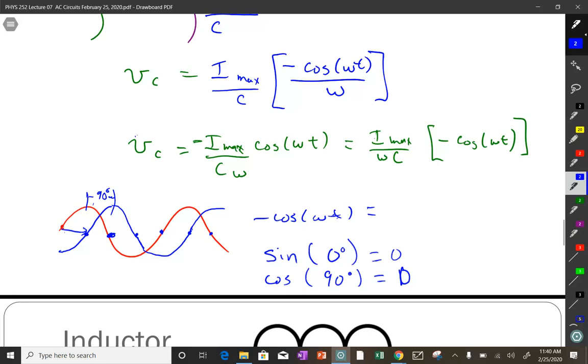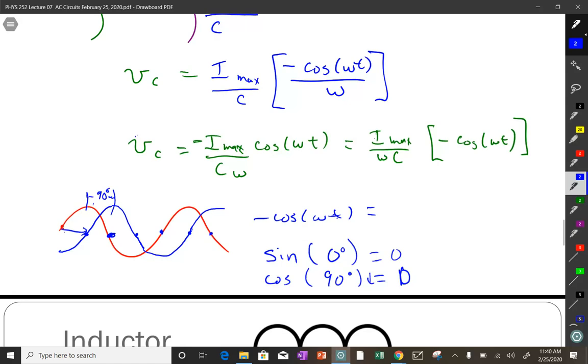But we have to be careful. Cosine of 90 degrees is 0 and going down. Right? What do you mean? Cosine of 0 is 1. Yes. Cosine of 90 is 0, but it's going down, so cosine of 180 would be negative. Yeah.